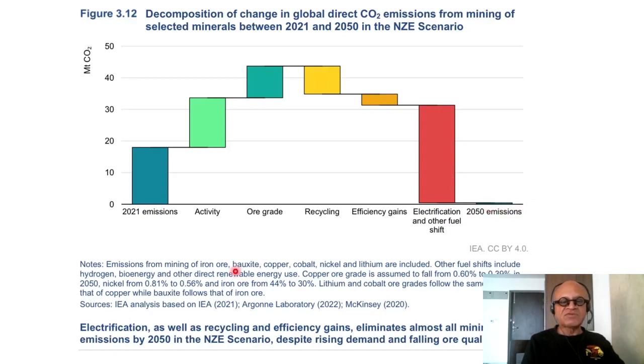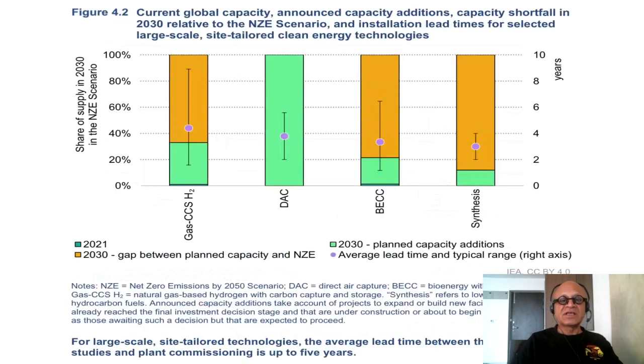So these are emissions from mining of iron ore, bauxite, copper, cobalt, nickel, and lithium included here. Electrification as well as recycling and efficiency gains eliminates almost all mining emissions by 2050 in the projected net zero emission scenario, despite rising demand and falling ore quality. Okay, so remember that. So huge dependence on technological promises here implicit in these projections.